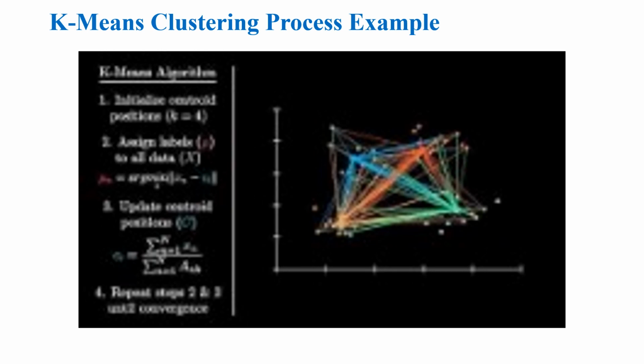And here's a k-means clustering process example, again, that I found on YouTube. So we'll run that. And you can see your data, initialize the centroid positions, and we picked four clusters. You assign labels to the data, and it shows a formula.